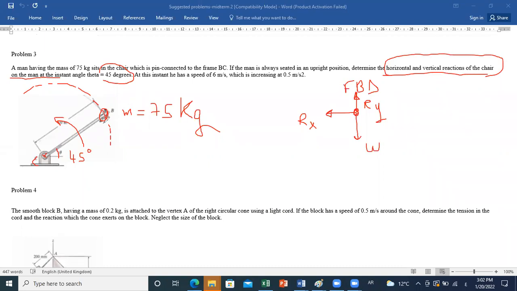But at any instant you can divide the components of the chair action into two components, one horizontal and one vertical. Now, in which frame can you think to work? You will work in the Cartesian frame, or you will work in the normal-tangential frame.